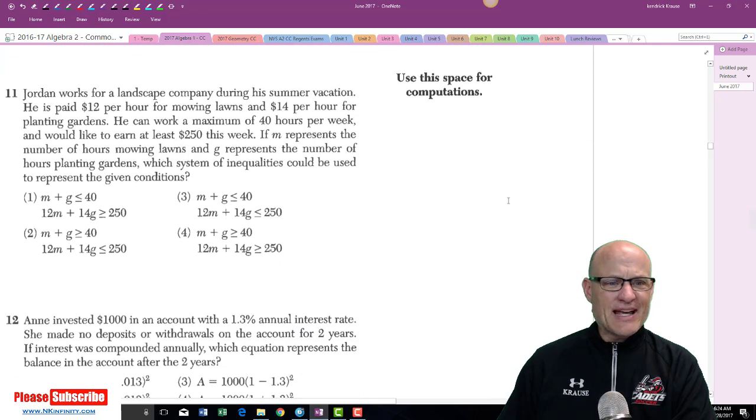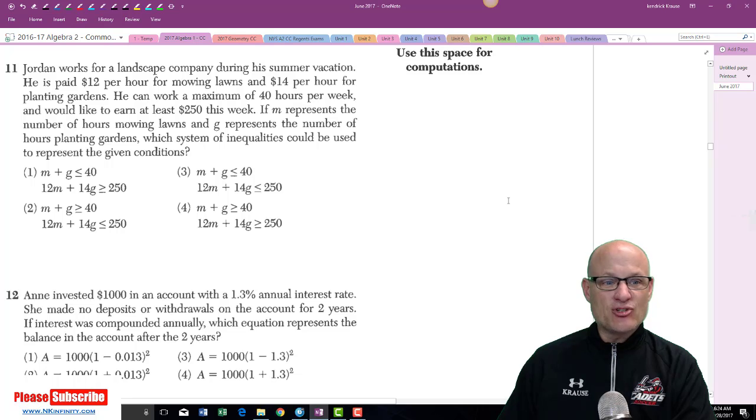Jordan works for a landscape company during his summer vacation. He is paid $12 per hour for mowing lawns and $14 per hour for planting gardens. He can work a maximum of 40 hours per week and would like to earn at least $250. So we're looking for something that's greater than or equal to $250.